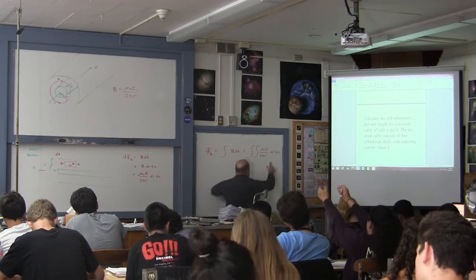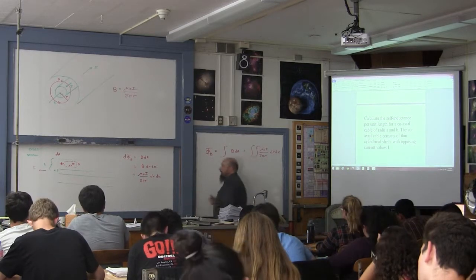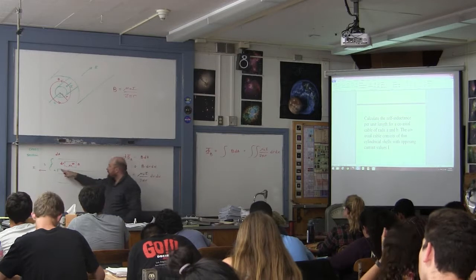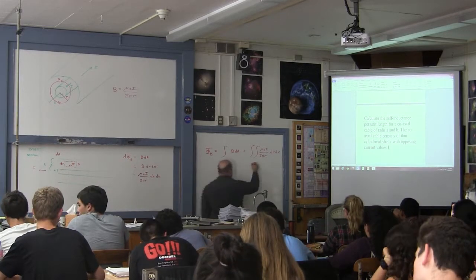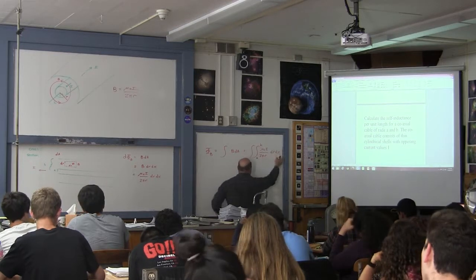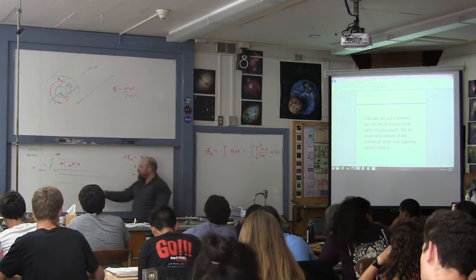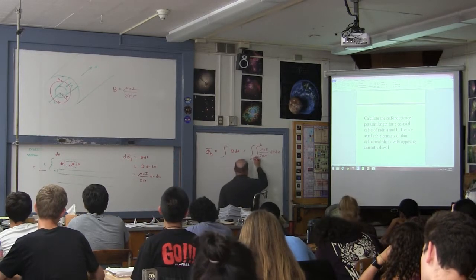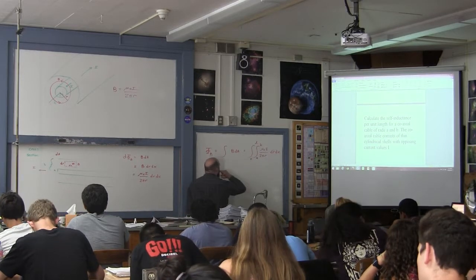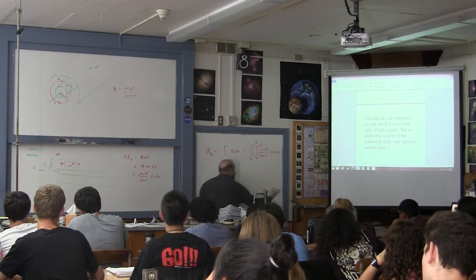Okay, so inner integral over r, we're integrating from a to b. Outer integral, we're integrating over length, 0 to L. So, integral 0 to L dx, what is that?